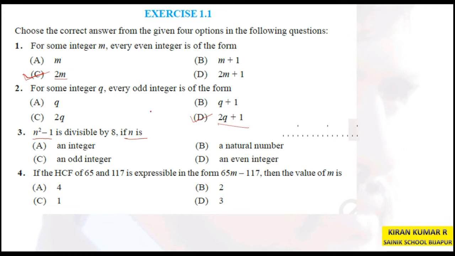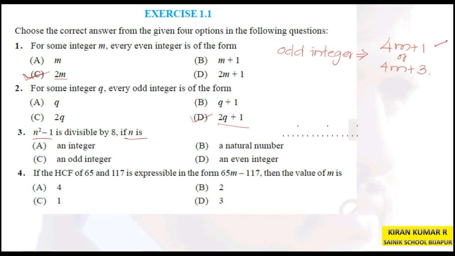We have learned in our previous discussion that every odd integer will be of the form either 4m plus 1 or 4m plus 3.